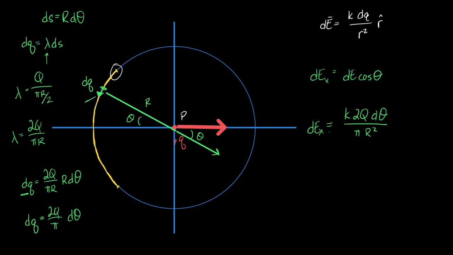I think that's it. Oh, cosine theta. So I got my 2q over pi, I got my d theta, I got the r squared, I got k. I think that's everything. So now I need to decide how it is that I'm going to integrate this.